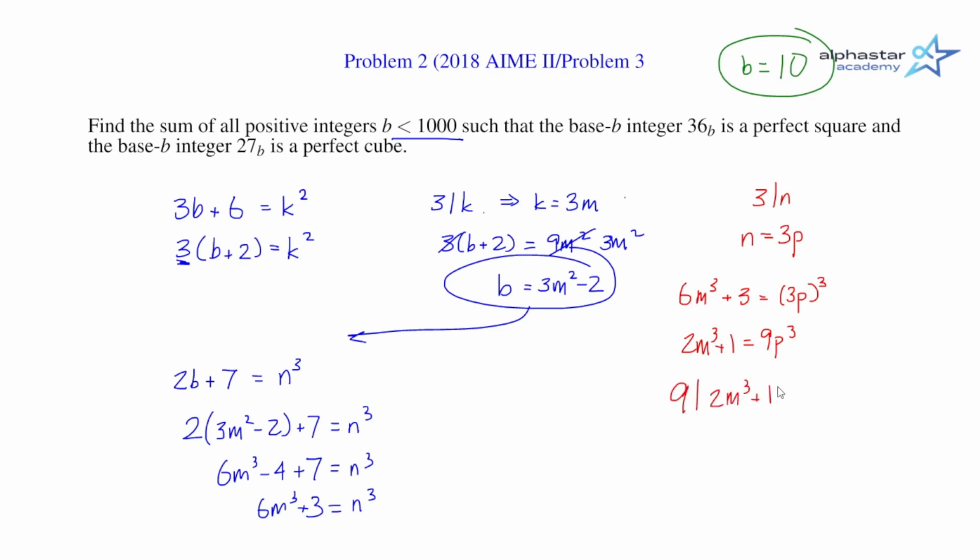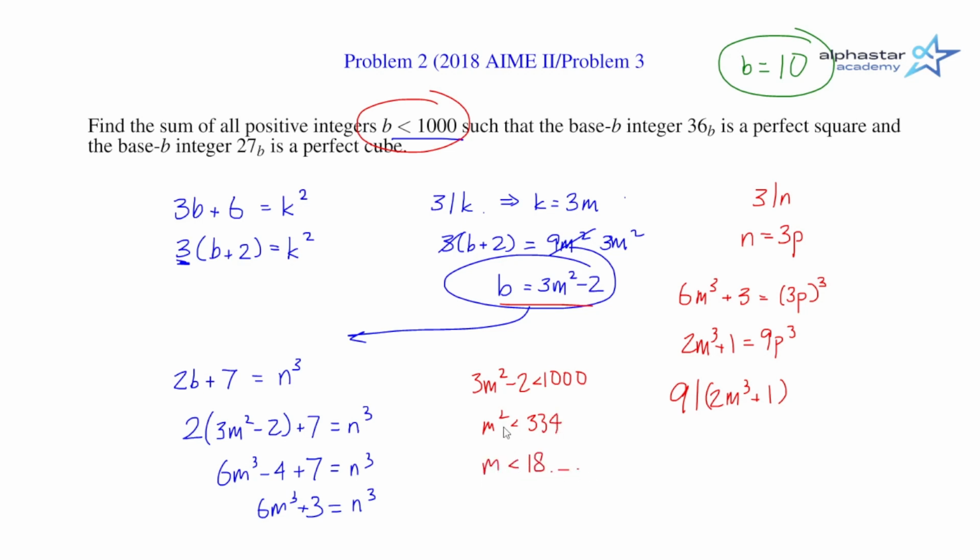At this point, notice that m itself can't be that many numbers. If you look at b, it's 3m squared minus 2. So if b is less than 1000, then 3m squared minus 2 is less than 1000. So m squared is less than something like 334, so m is less than 18 point something, because 18 squared is 324.